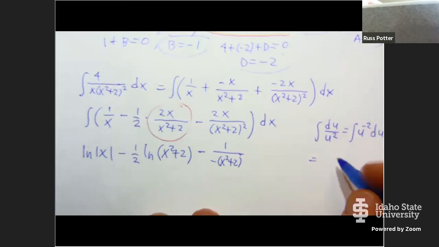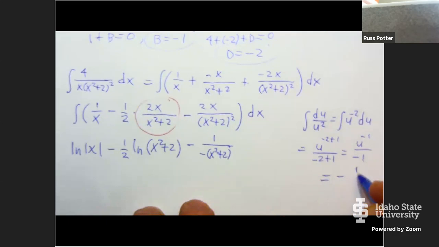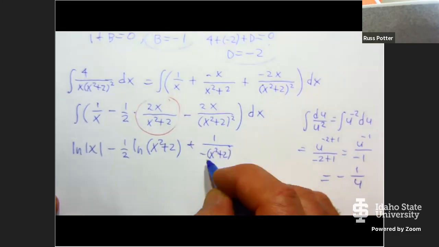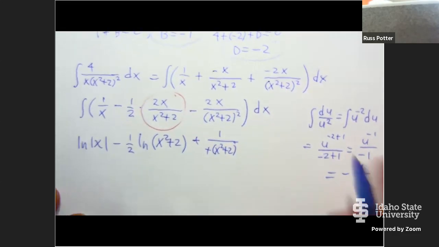And then we add 1 to the exponent and divide by the same number. So it turns out to be u to the negative 1 over negative 1, or negative 1 over u. So that is what I depicted here. This is the negative of 1 over u. So if you just make those plus signs, then we have our indefinite integral.